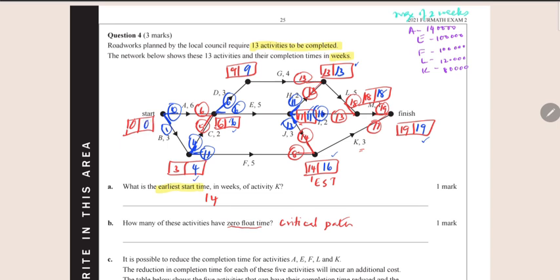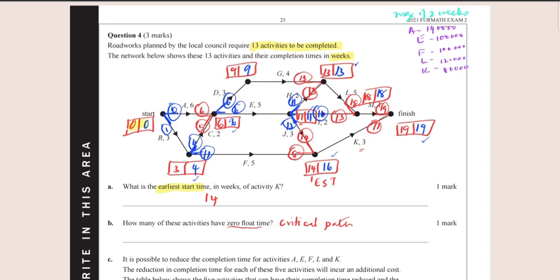So that's basically a network with a forward and a backward scan, which will help us find the critical path. The critical path is one where, firstly, both the boxes are the same, for example this, and secondly, usually we go along the paths by adding the earliest start time to the activity completion time to get the next earliest start time.